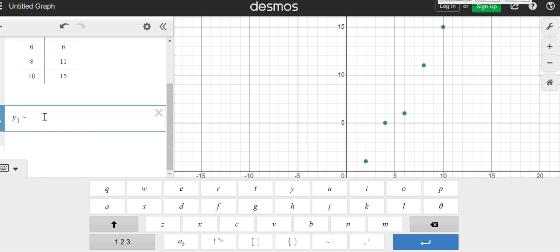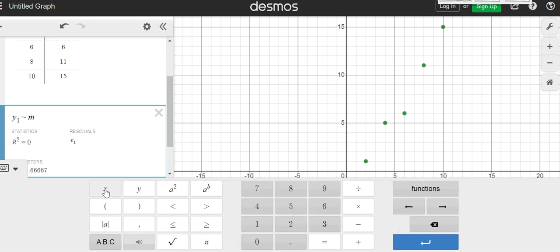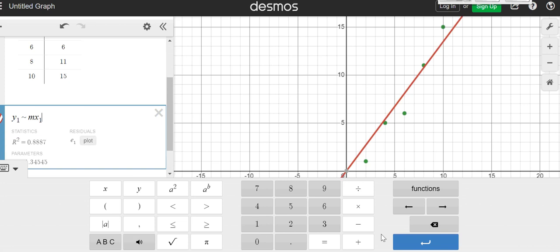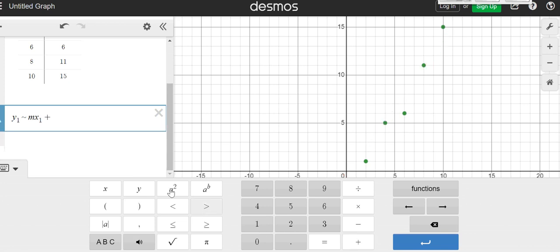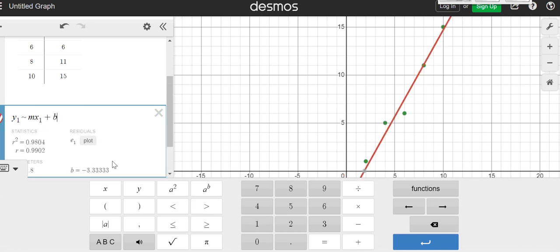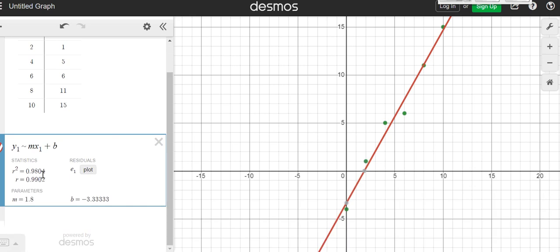So y1 is approximately equal to mx1 plus b. When you do that, it gives you all of the information you need to be able to write your equation.